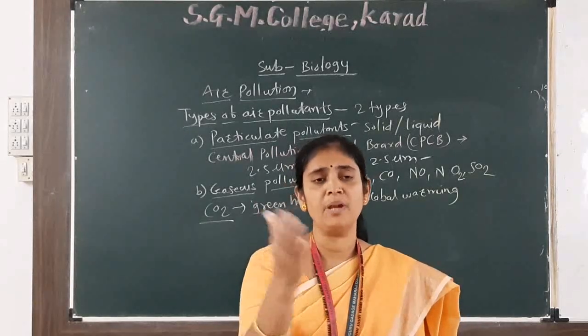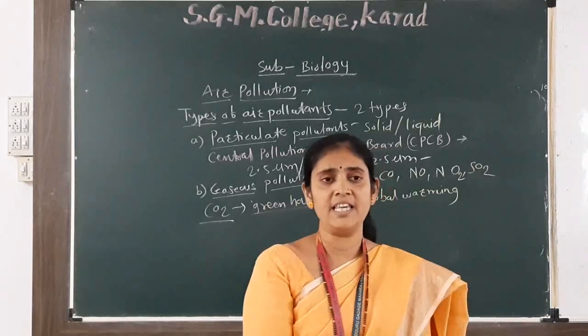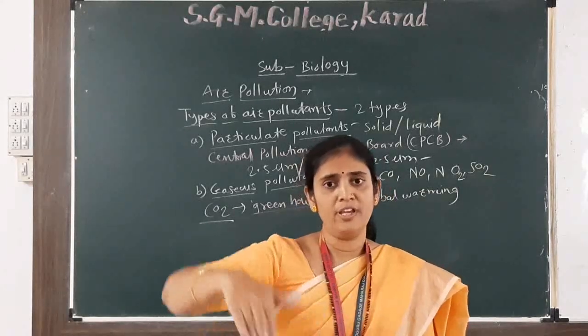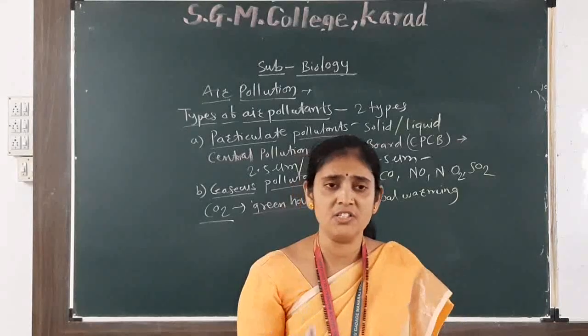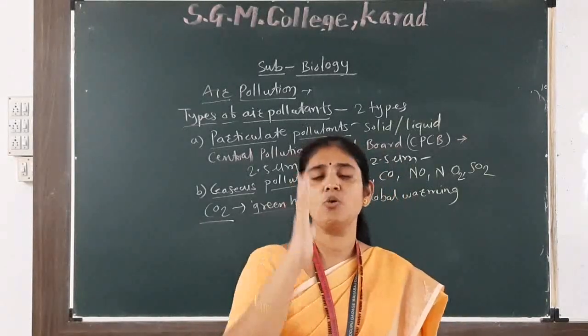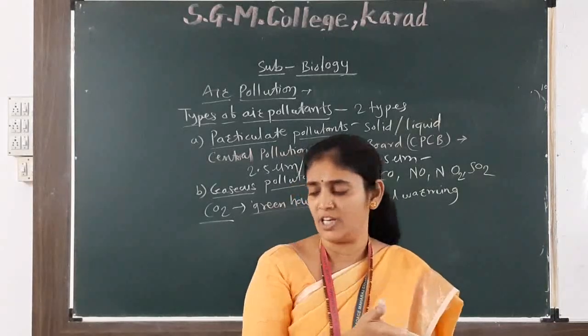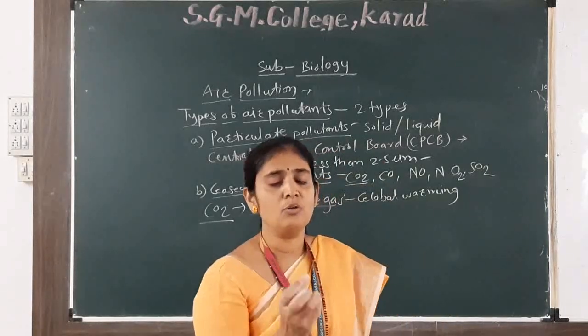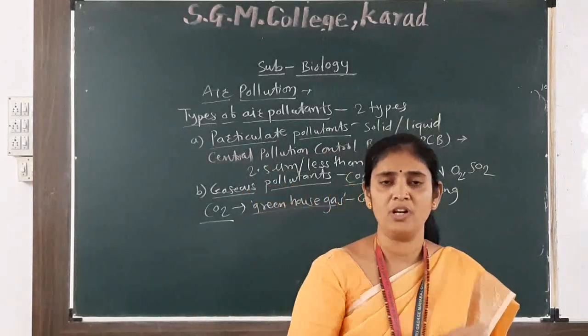So when the number of plants is going on decreasing, the CO2 is going on increasing. Therefore, deforestation is one factor which is responsible for increasing CO2. Deforestation means cutting of forest.